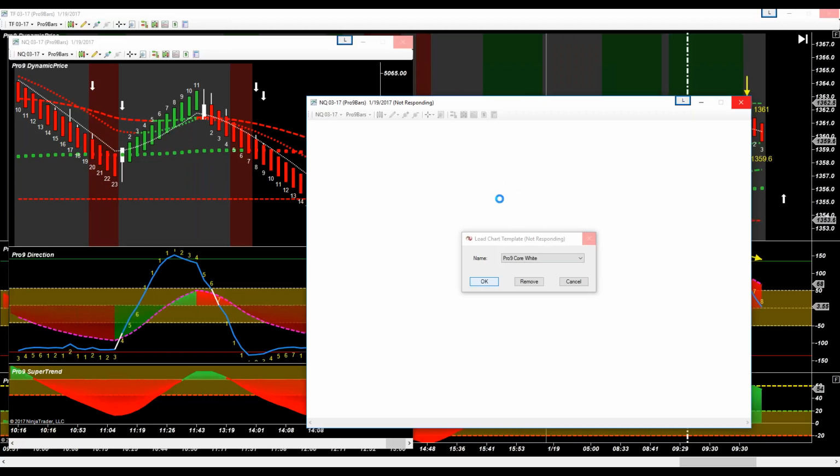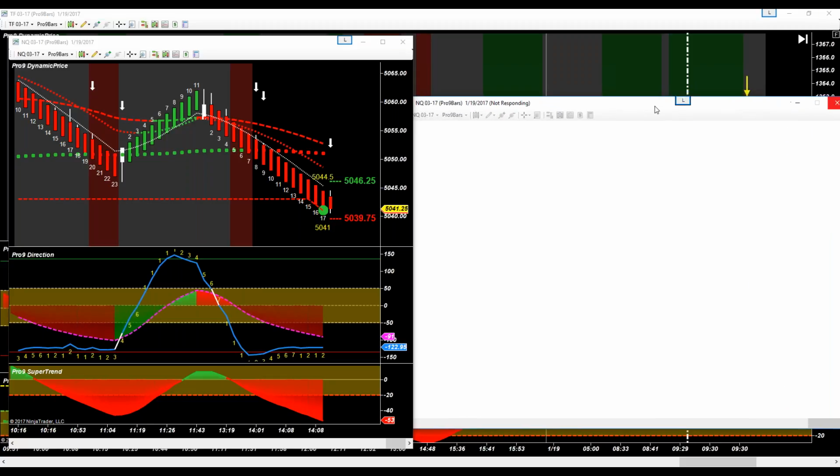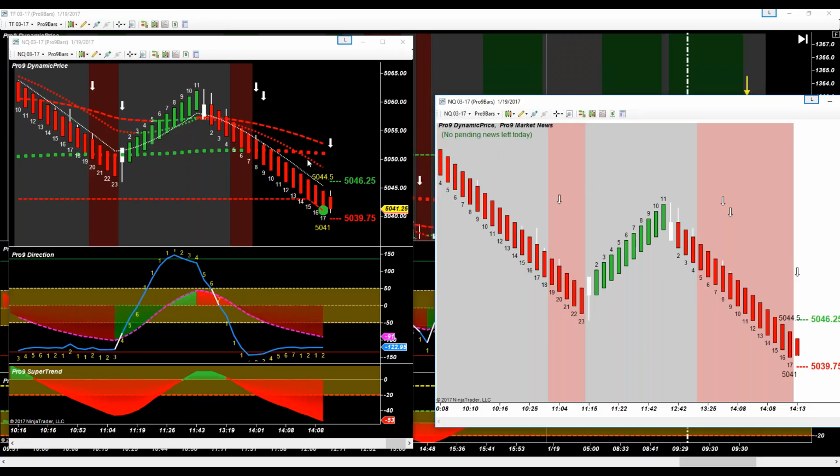A bit more reloading time with these. And I do have quite a few charts going at the same time as well. I'll just give this a second to load up. All right, so it looks like I do need to refresh this section.